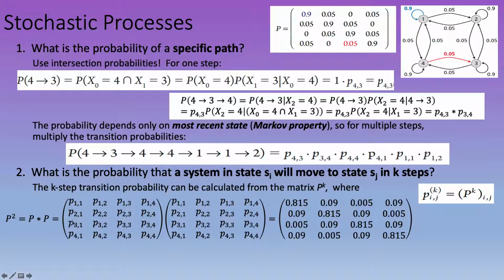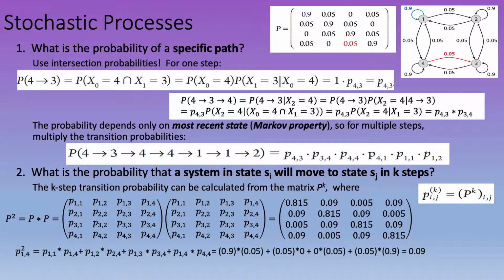I'm going to do it for 2 steps, using some matrix multiplication. When I multiply these 2 matrices together, I end up with something like this. I'll go over a more detailed process of how we do matrix multiplication, but just know that we're multiplying these 2 matrices together.